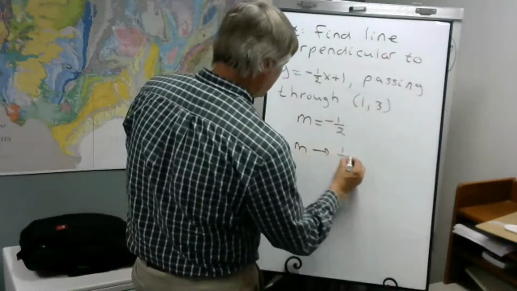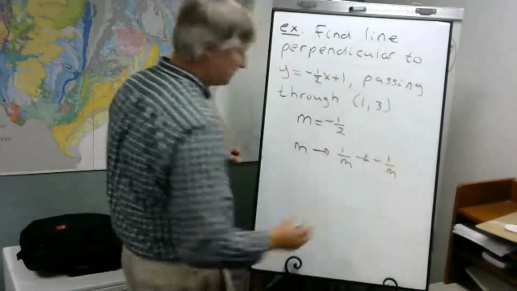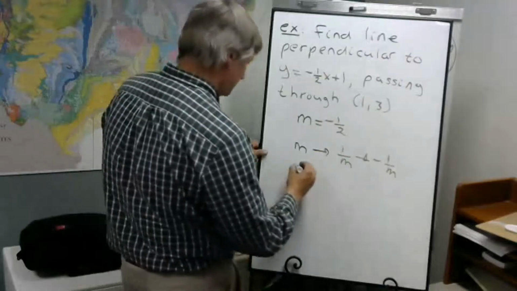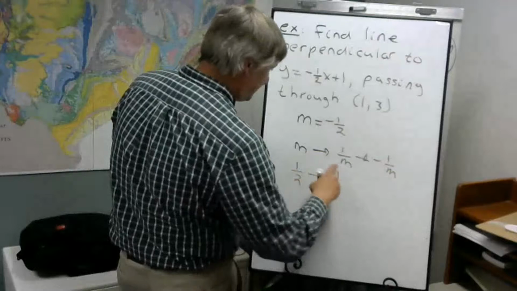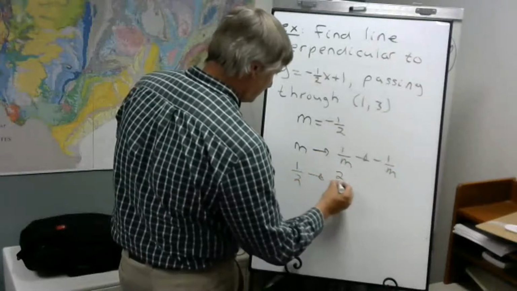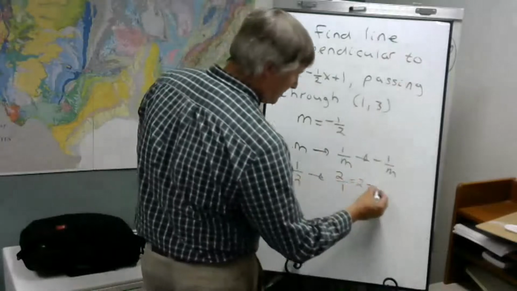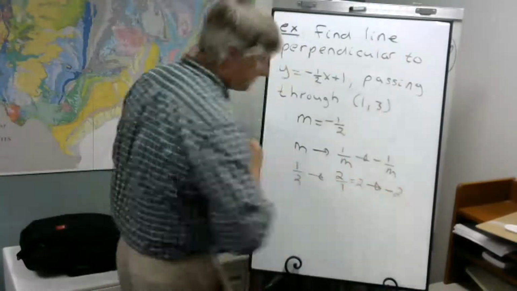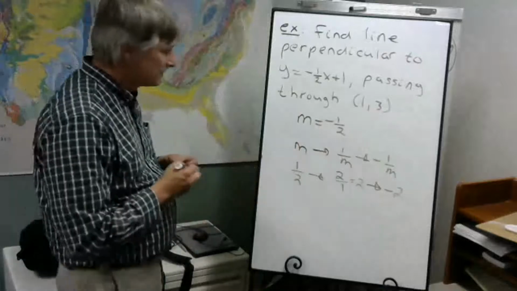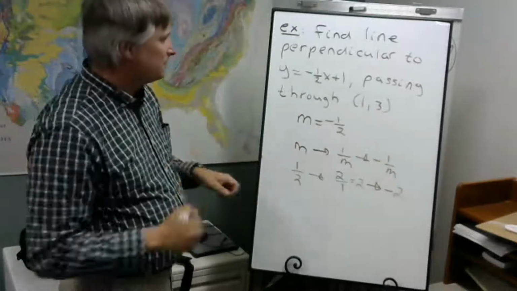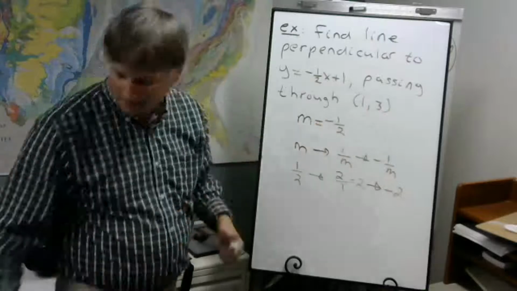I'm going to modify m like so. We take 1/2, we flip 1/2, which is the same as 2. And then we make this negative. So the perpendicular slope is -2. So now we have our slope. We have a point. Again, use the point-slope formula.